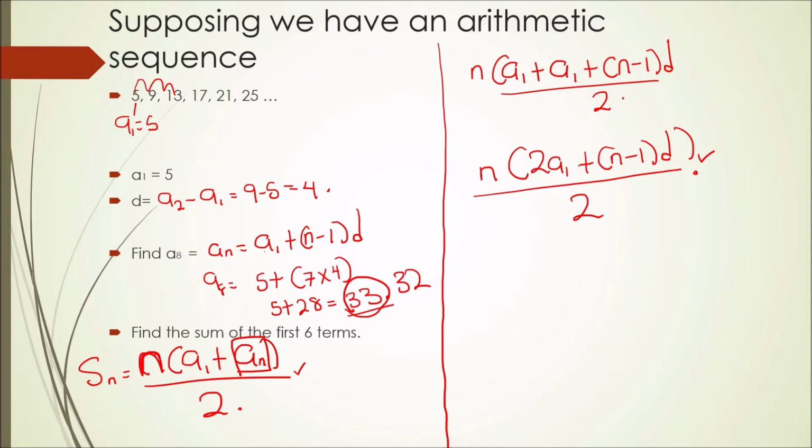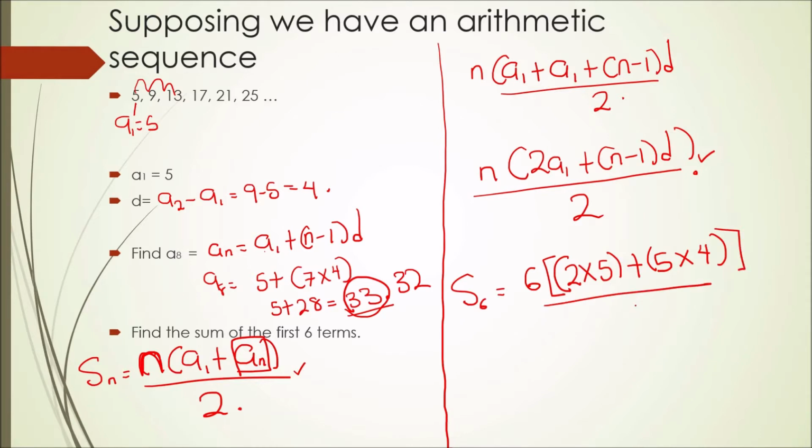How do we find the sum of the first 6 terms? S6 will be, what's our n? 6 bracket 2a1, our a1 is 5, plus (n minus 1), our n is 6, 6 minus 1 is 5, times our d, which is 4. Let's put everything in brackets so we don't get confused, over 2.